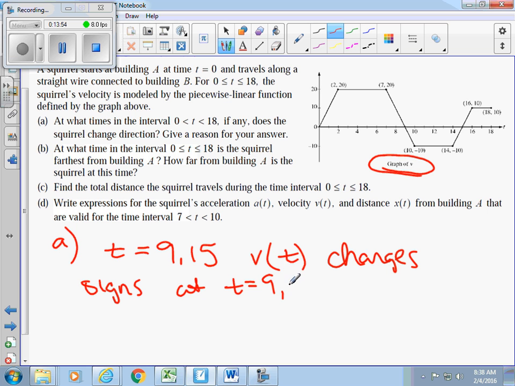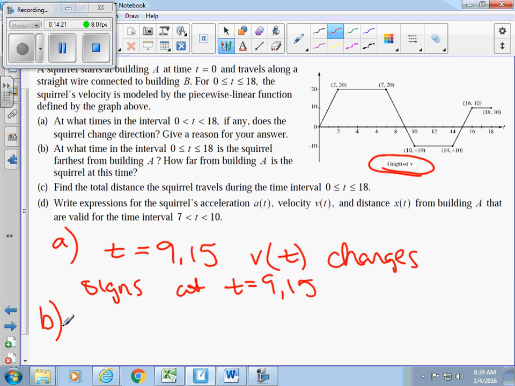Why is just having a 0 not enough? Right, it could just touch 0 and bounce back up. You didn't change directions. You might have just stopped and tied your shoe. I don't know what you did. Squirrel tied his shoe. Yeah. There, that's it. That's a better one.